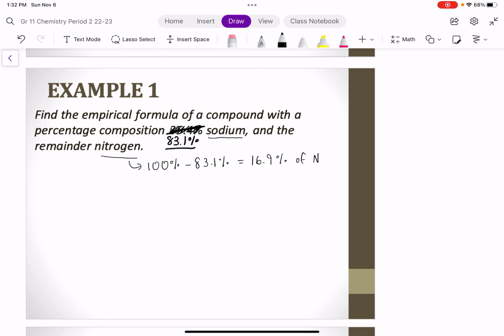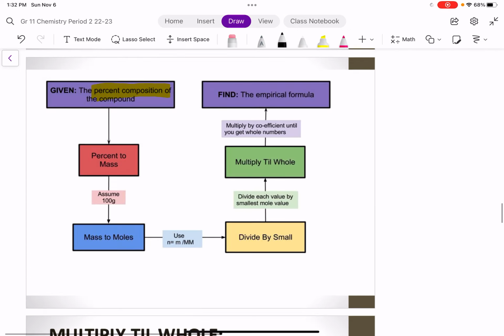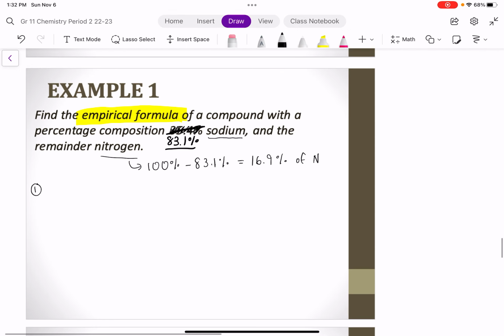The first thing we do with a problem that asks us to find the empirical formula of a compound is convert from percent to mass. So the first part here, it says percent to mass. The easiest thing to do is assume 100 grams. When we assume 100 grams, we can easily convert our percentages into grams.